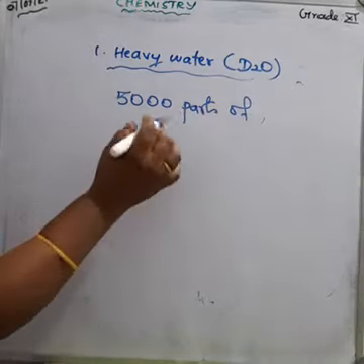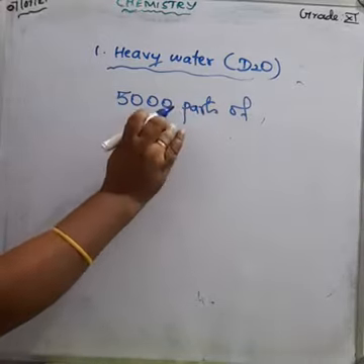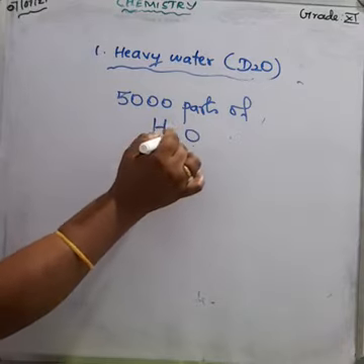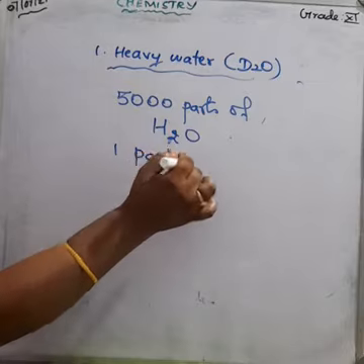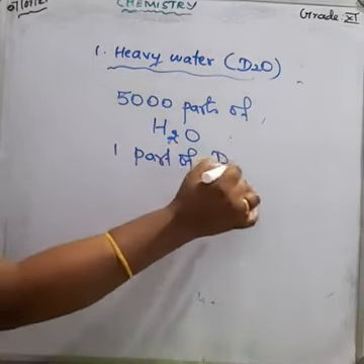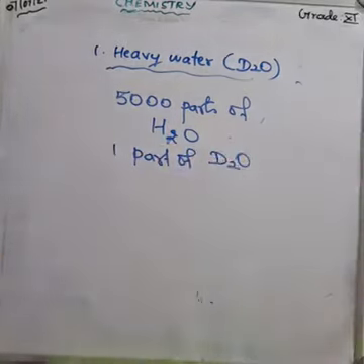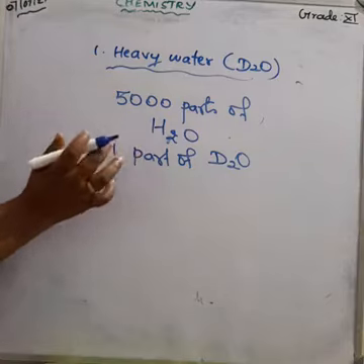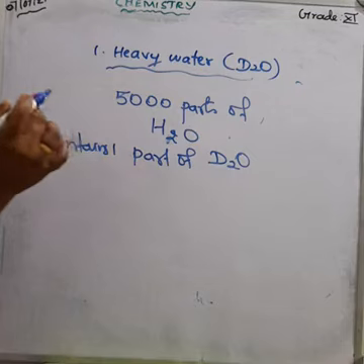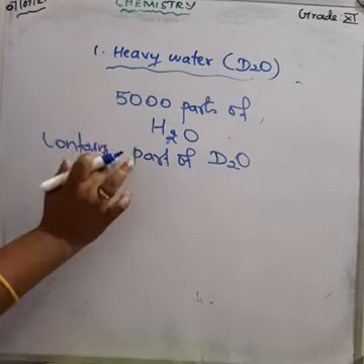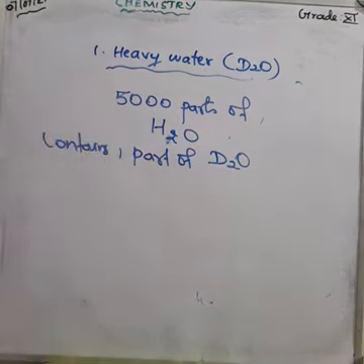Okay, so 5,000 parts of H2O contain 1 part of D2O. D2O means heavy water, the oxide of heavy hydrogen.